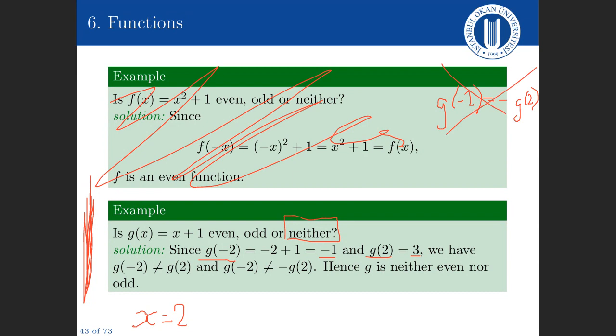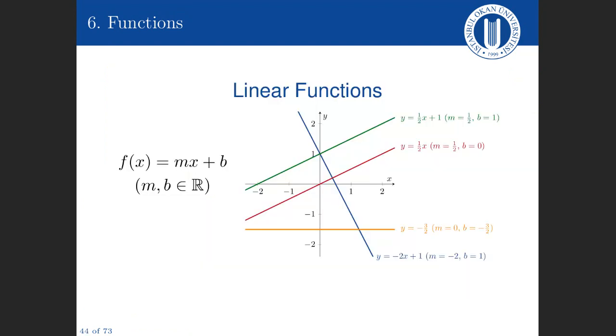This is not true, so this function is not odd. If this function was even, we would have that g of minus 2 is the same as g of 2. But again, we don't have this, so this function is not even. Therefore, this function is not even and it's not odd.